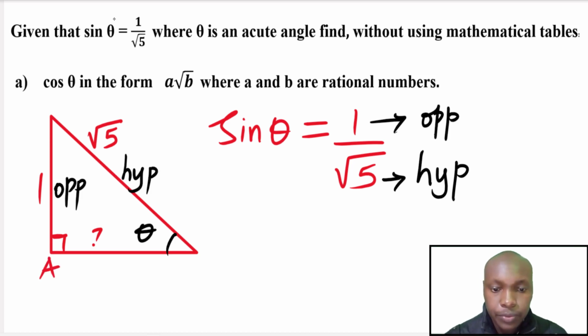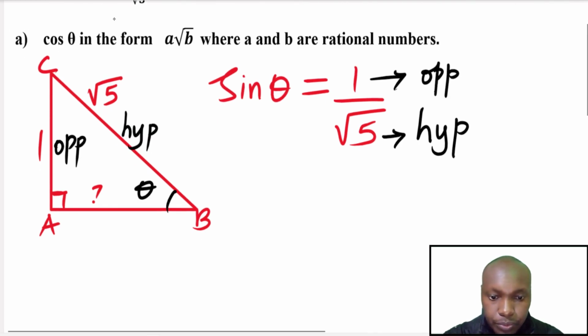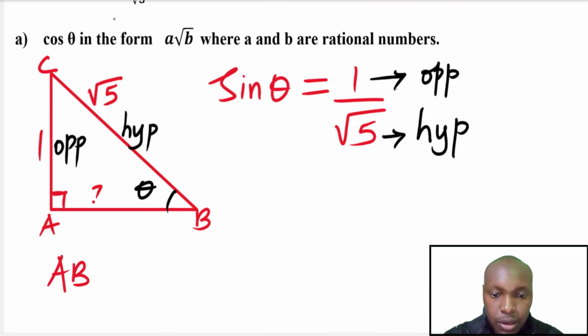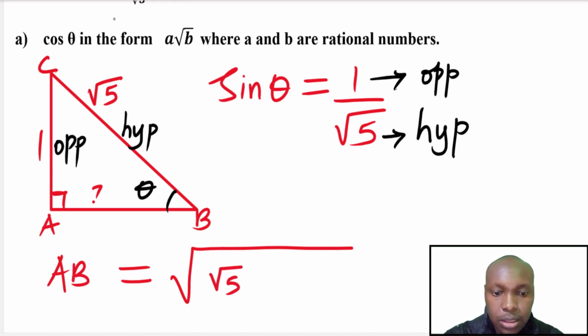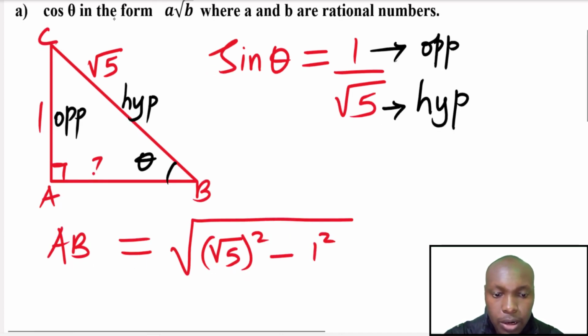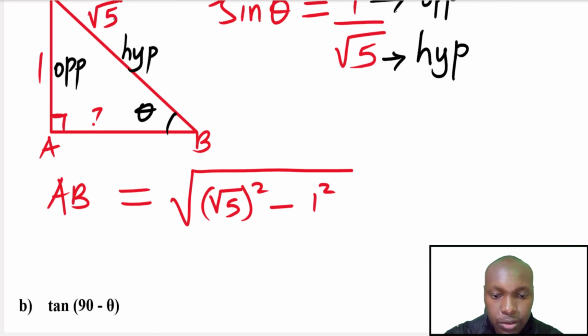And to do that, we shall apply the Pythagoras theorem. So that is the distance AB, and to get that, we use Pythagoras theorem. So AB is given by the square root of root 5 squared, subtract 1 squared.